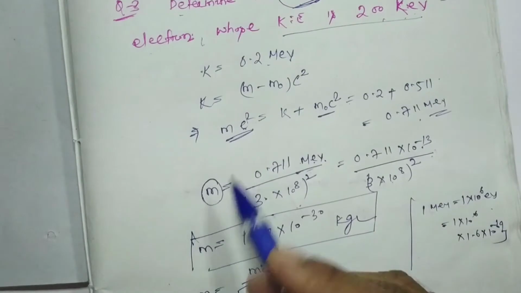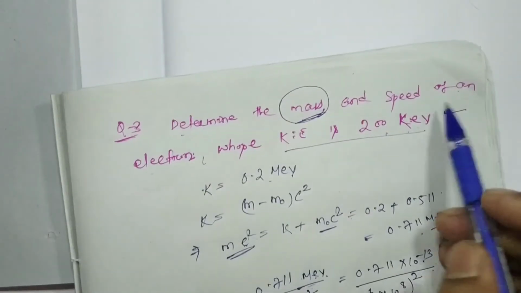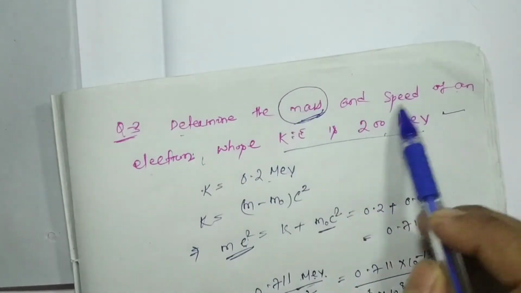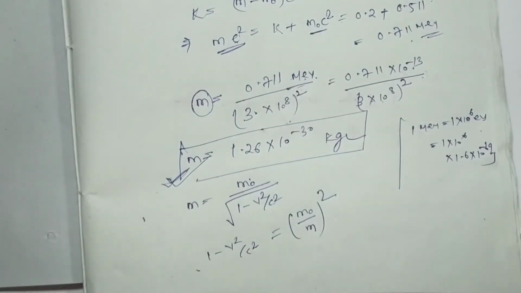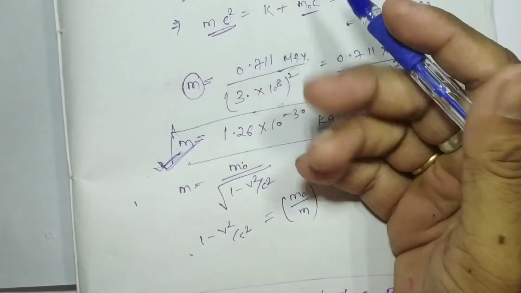This mass is nothing but the mass at the time of motion. An electron is moving with a speed, and at that time its mass is this much, m. We have calculated that. Now what is asked is the speed.